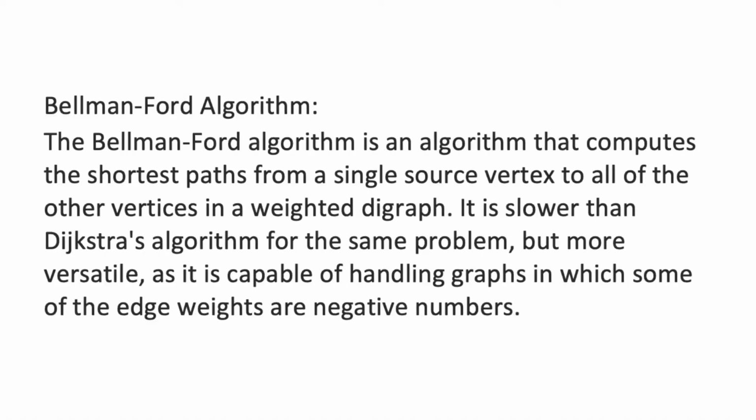Now, let us see how to find the shortest path of these kinds of graphs with negative cycles using Bellman-Ford algorithm. So, the Bellman-Ford algorithm is an algorithm that computes shortest paths from a single source vertex to all of the other vertices in a weighted digraph. It is slower than Dijkstra's algorithm for the same problem, but more versatile as it is capable of handling graphs in which some of the edge weights are negative numbers.